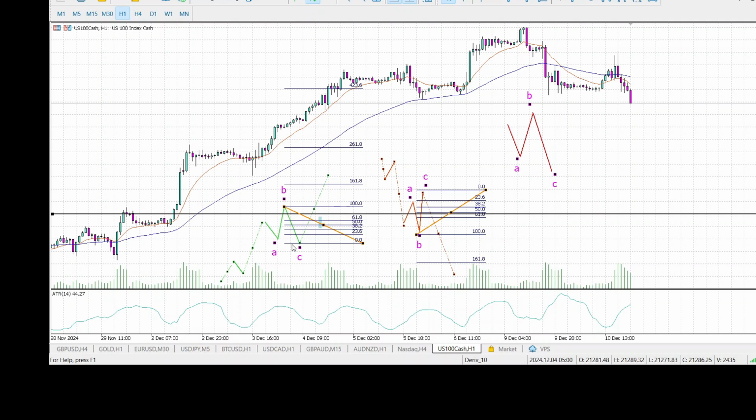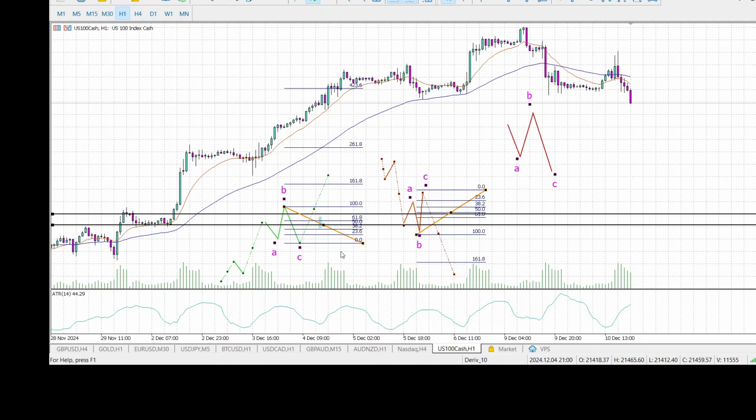So draw your Fibonacci tool from B to C, and then take your trend line and place it on the middle of the 50% mark. The 50% mark is, if you can see this dot on the Fibonacci tool, that's where your 50% mark is. Put it there.